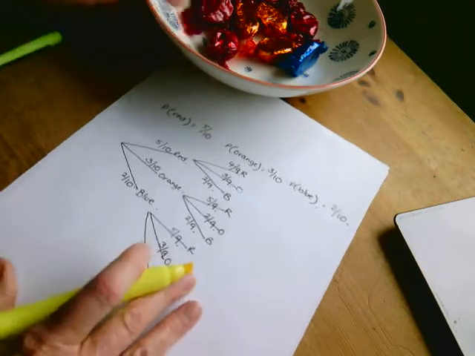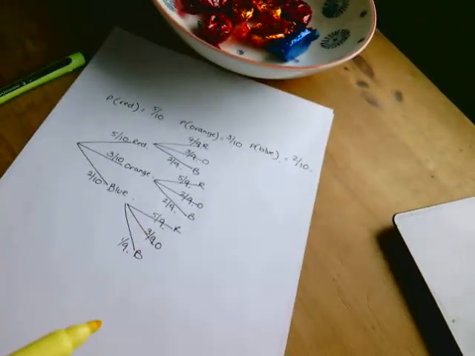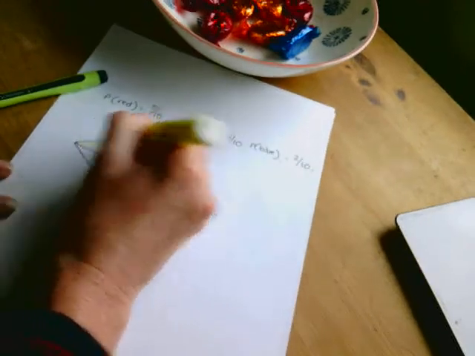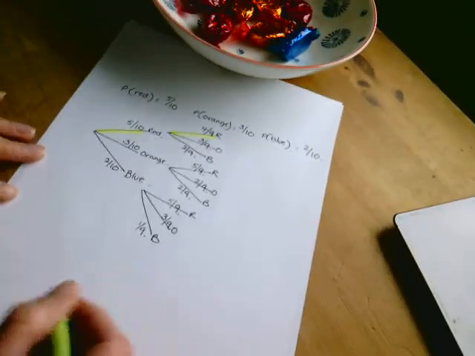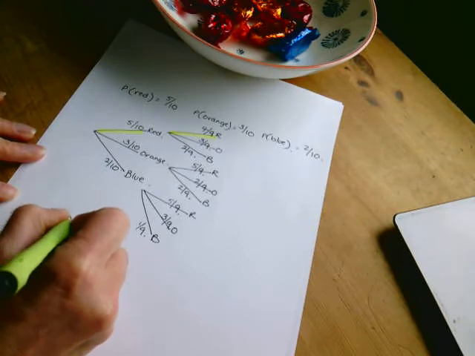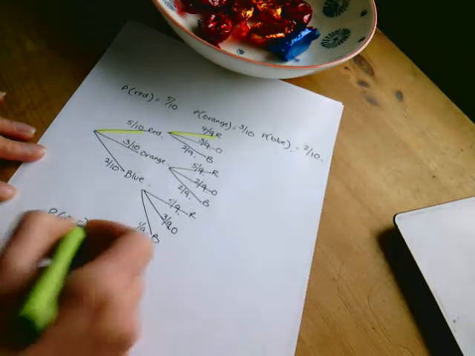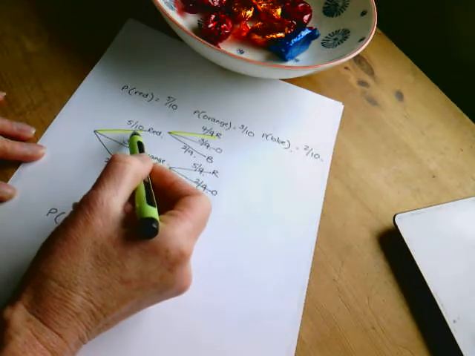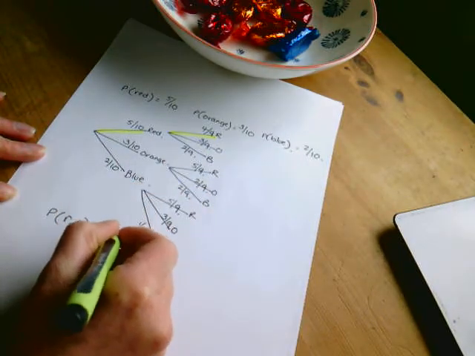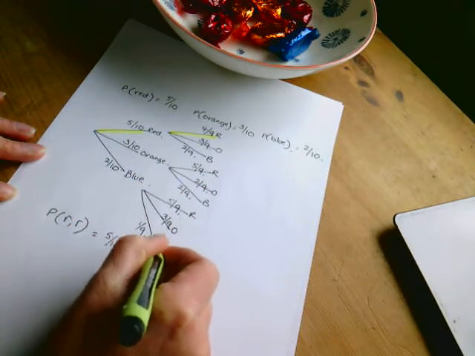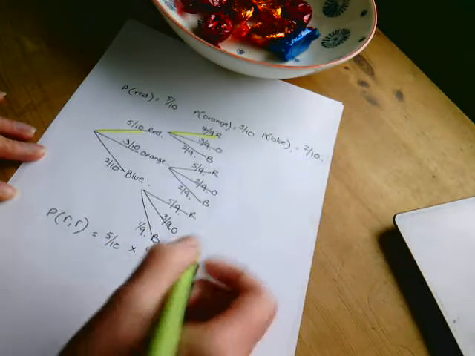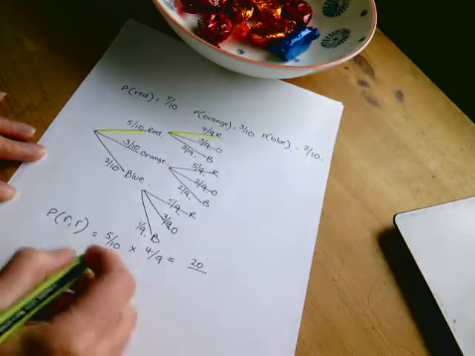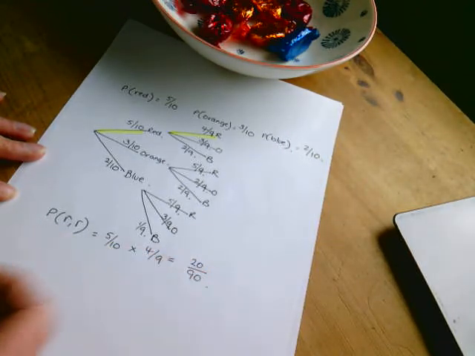I wanted the probability of taking two the same. So if we look at the probability of taking two red ones, red, red, the probability of red, red is going to be equal to 5/10 multiplied by 4/9. Multiply my numerators together gives me 20, denominators together 90.